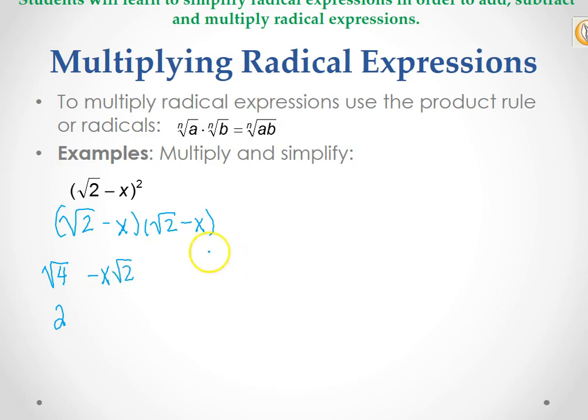Again, we put the radical second. Negative x times the square root of 2 is negative x square roots of 2. And negative x times negative x is positive x squared. So a negative x and a negative x is a negative 2x square roots of 2, because they're like terms, plus x squared.